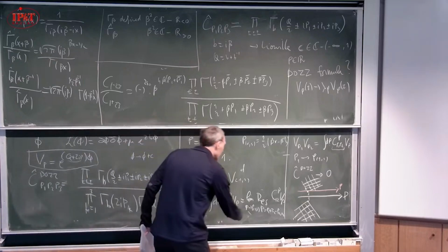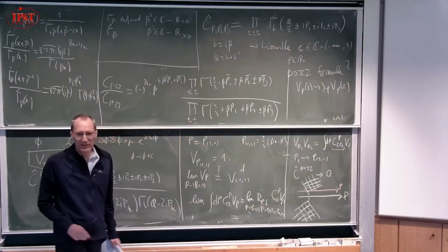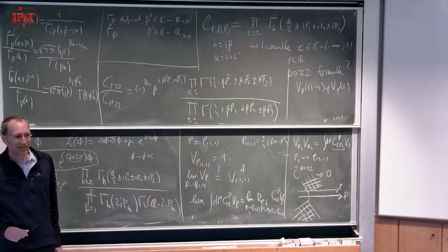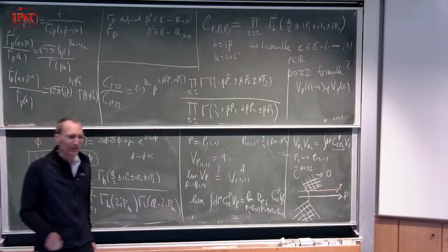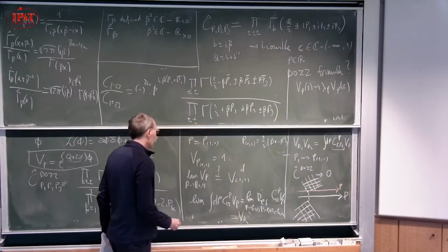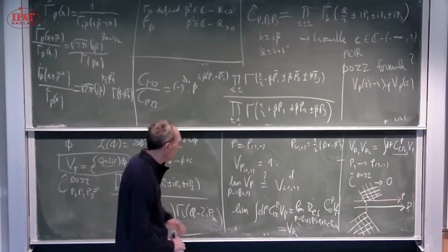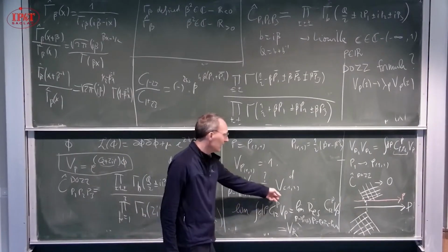And if you compute this residue and compute this limit, what do you find? V_P2, or V_P2, depending on the notation. And so therefore, in the limit, you do have the correct fusion rule for the identity field.